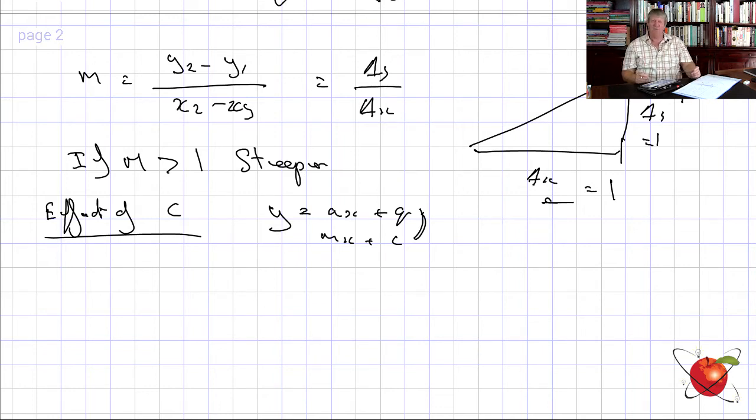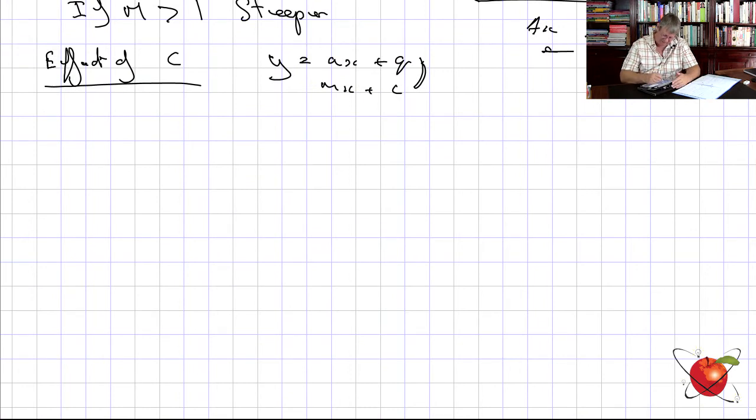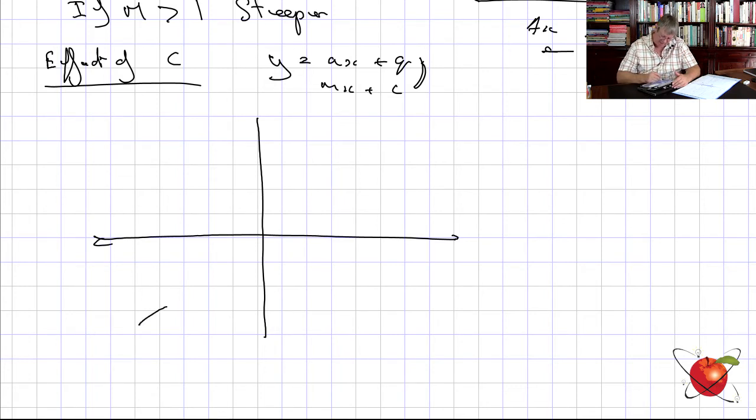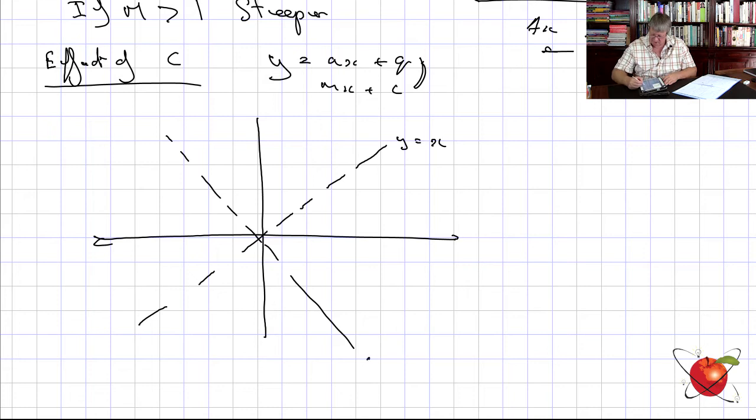Okay, so what happens with c? Well, let's just think. Let's go back to a standard graph, all right? And I'm not even going to use mathematics to do it. We're just going to ask the question. We said that our standard graph over there is y equals x. And just for safety's sake, let's just draw in y equals minus x over there, shall we? Those are our two graphs, standards.